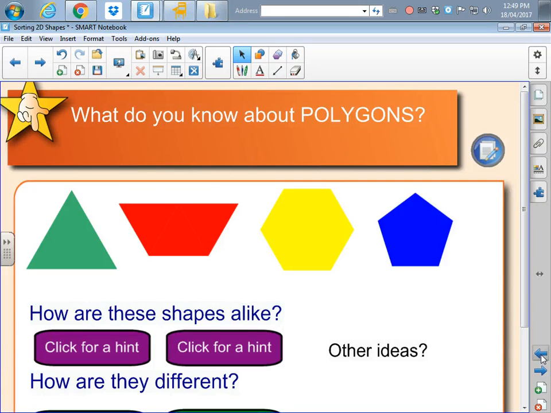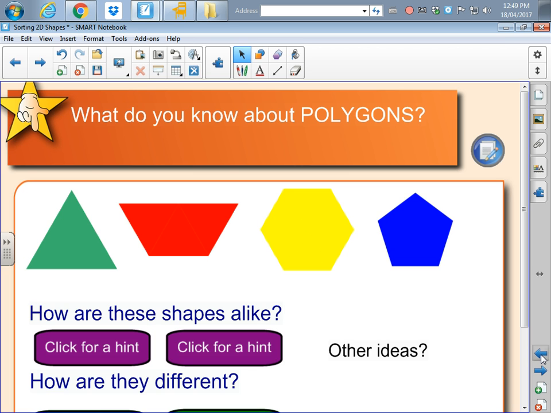Garrett, how are they the same? Not every shape has a point. Well, all the ones on the board right there all have an equal number of sides, or doesn't? Okay, I hear what you're saying, Garrett. Each shape has the same number of sides and the same number of angles.